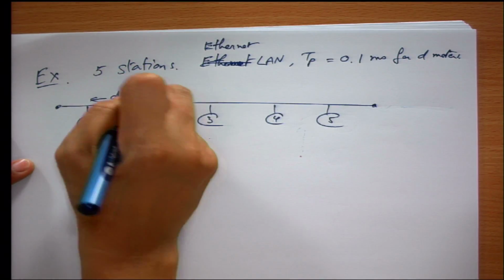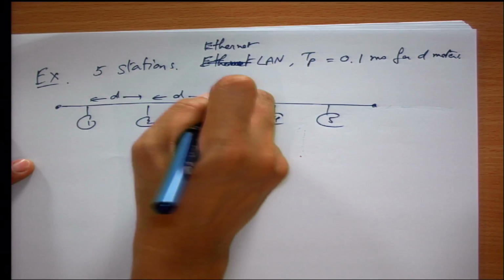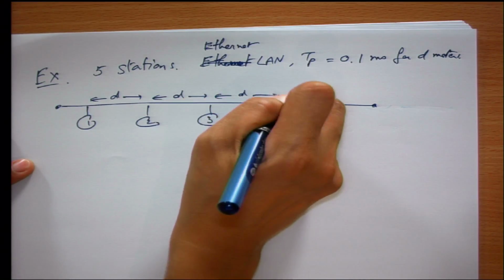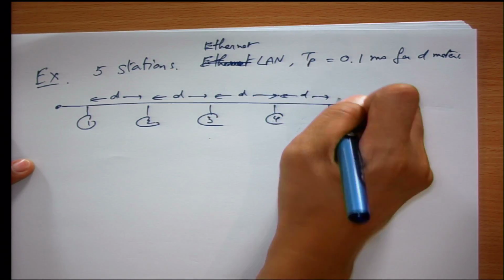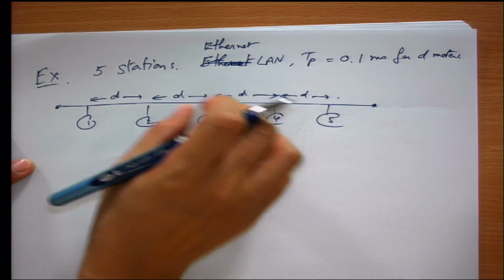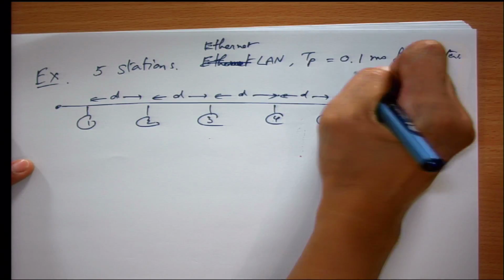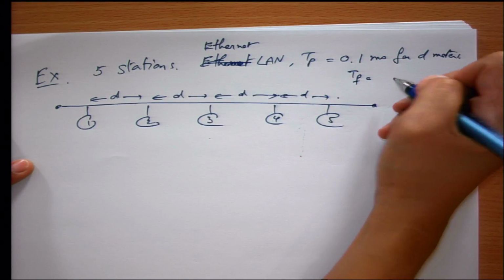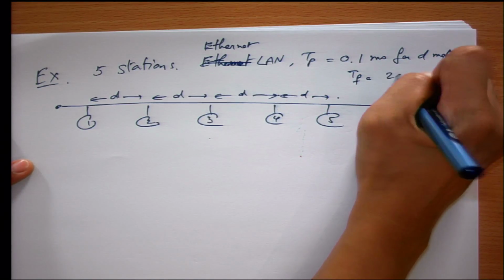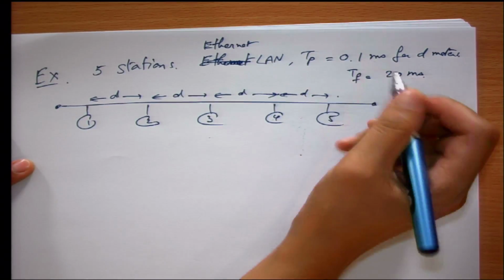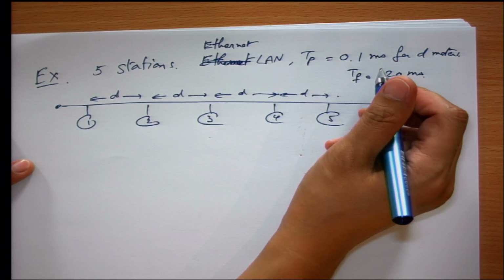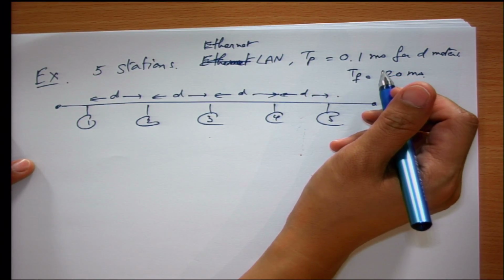So adjacent users are d meters apart. Now the frame time t_f is equal to 20 milliseconds. You see that usually the frame time is much higher than the propagation delay time.